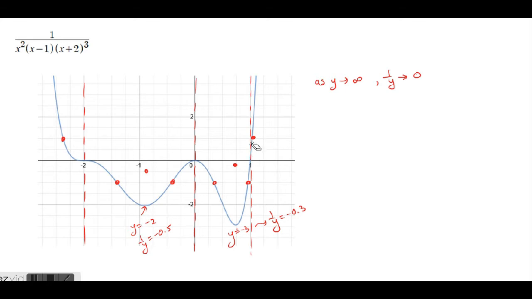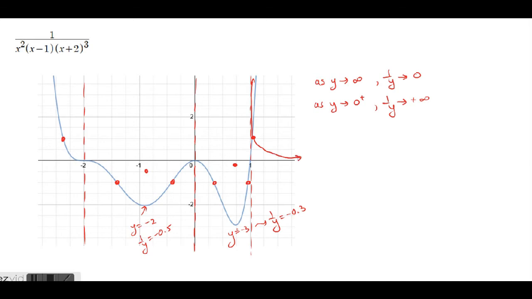So as y goes to 0 from the positive side, the reciprocal of that will tend to positive infinity. Just think about dividing by really small numbers, you get really big numbers. So this portion of the graph turns out to be something like this.